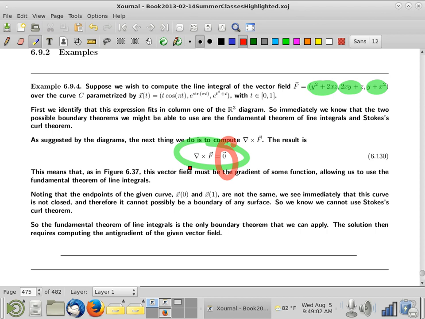And again, you're done. You can just say curl is not 0, and then move on. You know then that you can't use the fundamental theorem of line integrals, and that's all you really were computing curl for in the first place. You might need to compute curl if you end up using Stokes' curl theorem, of course. All right.